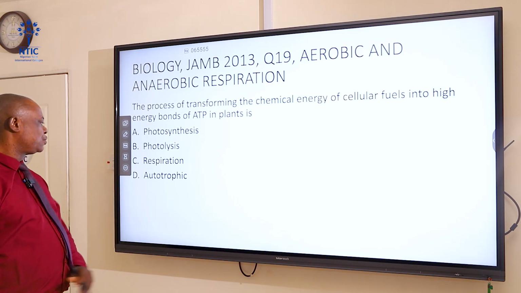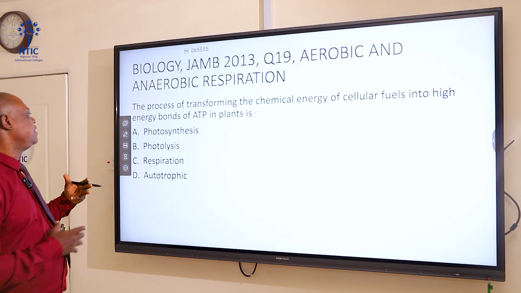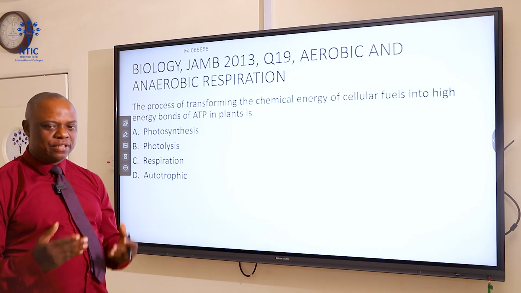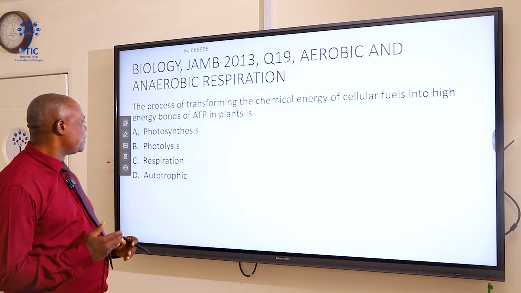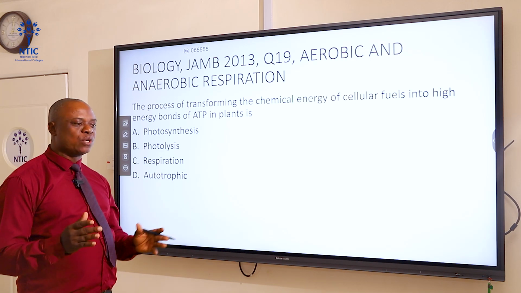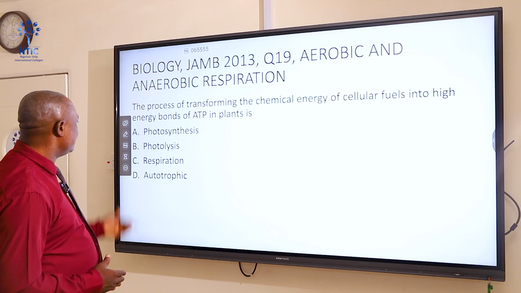D, autotrophy. A is photosynthesis, that's how the food is produced in plant. B is one of the processes also involved, the photolysis of water, the splitting of water molecule during photosynthesis.